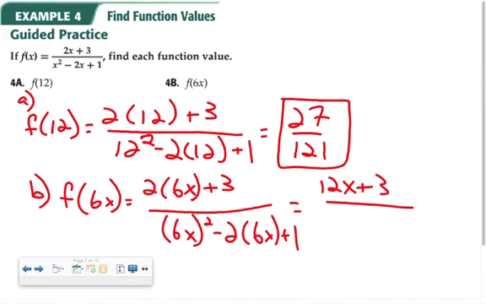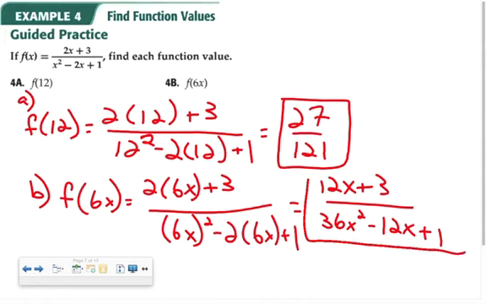Quantity 6x squared is 36x squared, and then 2 times 6x gives me a minus 12x, and then plus 1. And this expression cannot be simplified, so that's the answer that I would want.